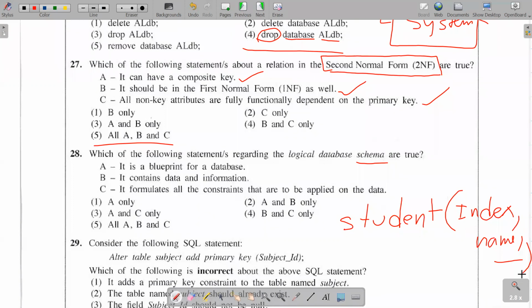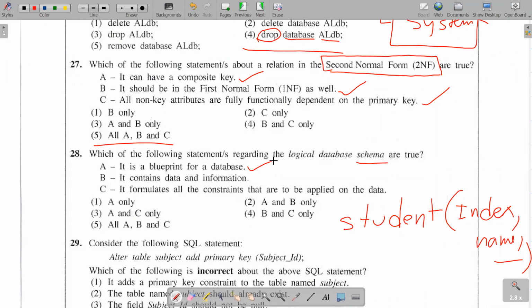So statement A, it is a blueprint of a database. Yes, it can be taken as a blueprint for a database, because by looking at the schema, we can create the tables inside the DBMS, like MS Access or MySQL software. So this is the blueprint.